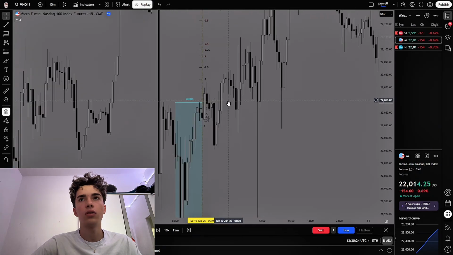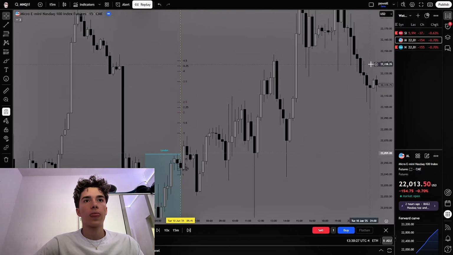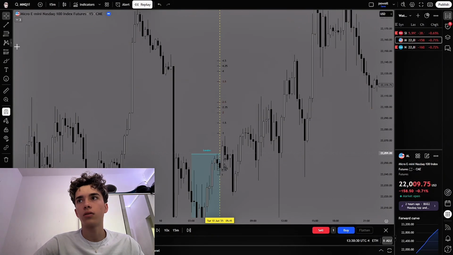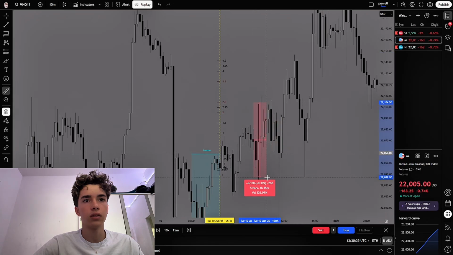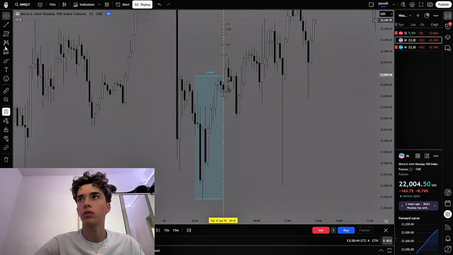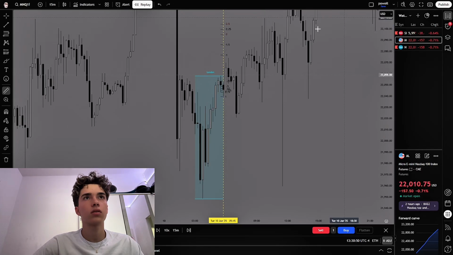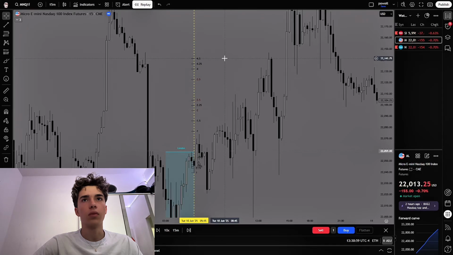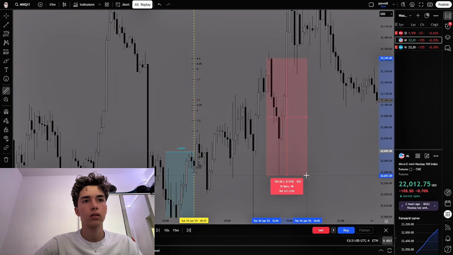We mark our tool like that. -2.5 got a very good rejection here, like this, no, sorry, this was bigger than I thought. -2.5, 150 point, minus 4.5, 100 point.